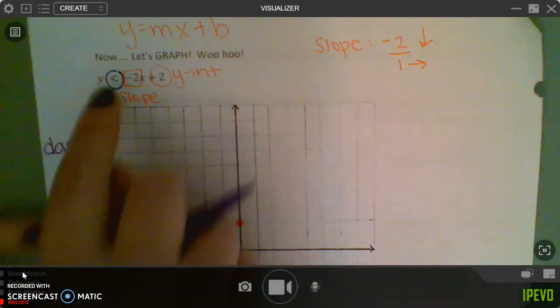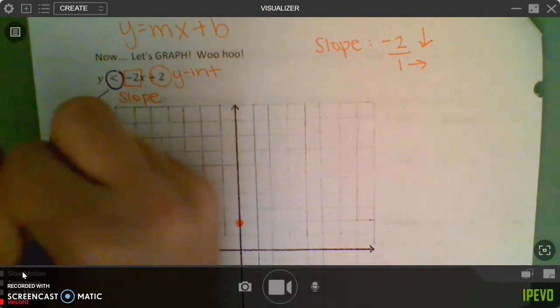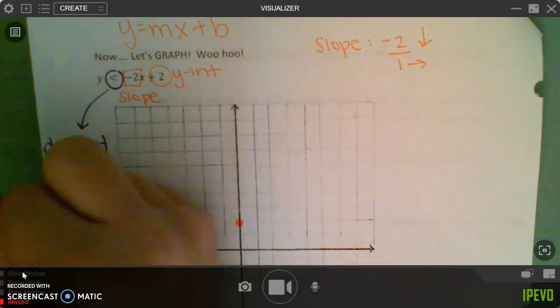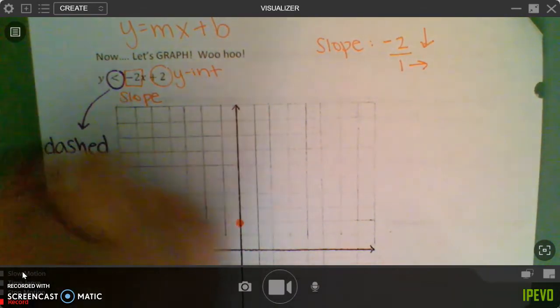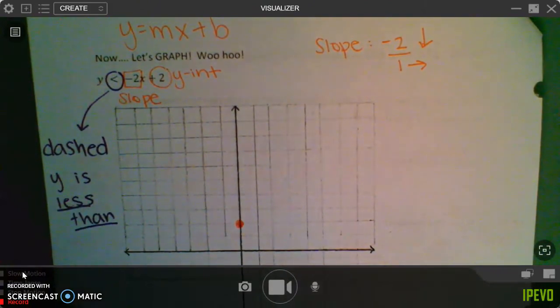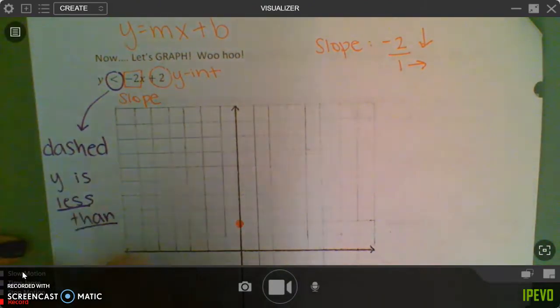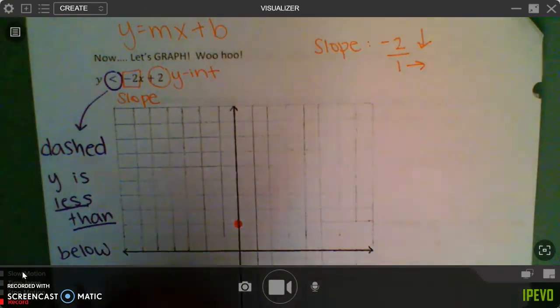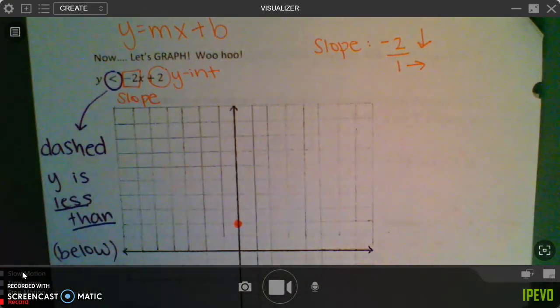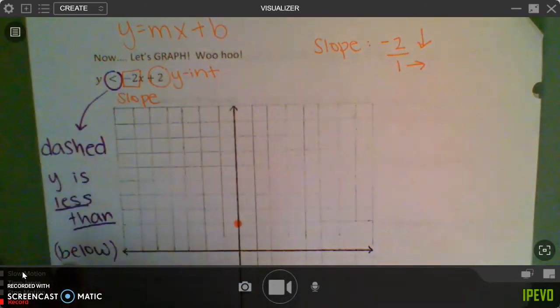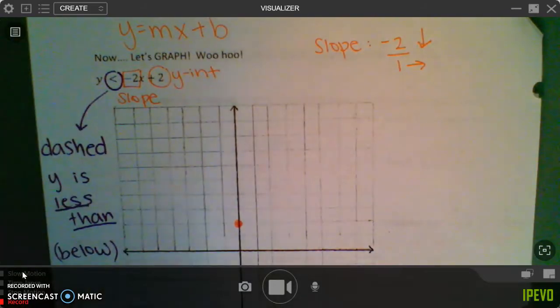I also read this as y is less than that equation. So less than, you shade below. So that's important to know. So we're not only going to make a dashed line, we also are going to have to shade, and we're going to shade below.